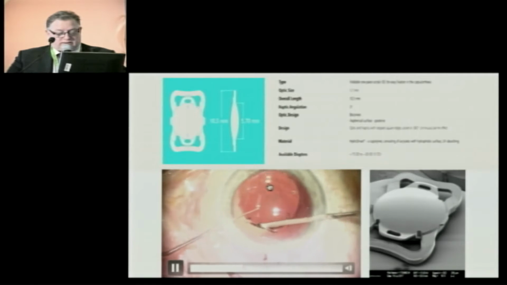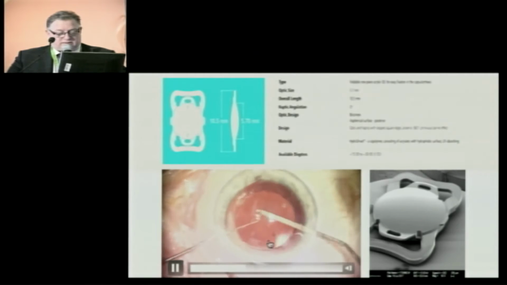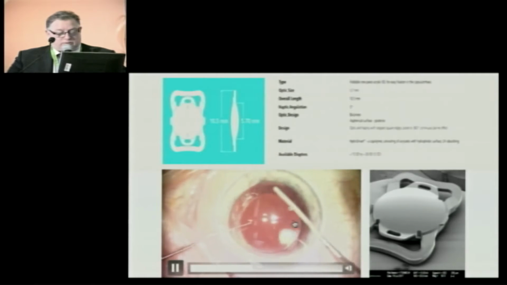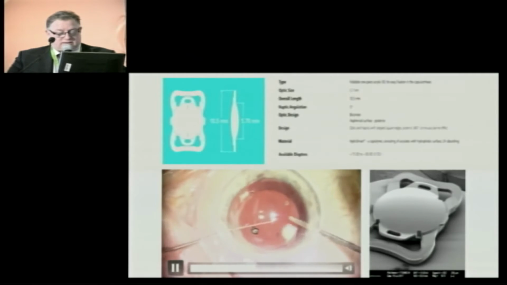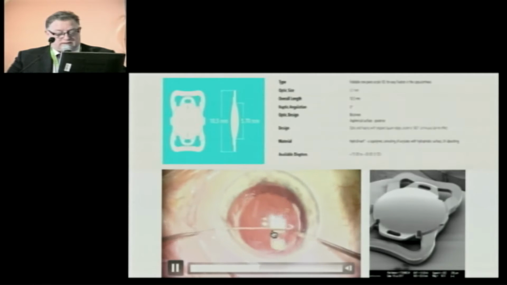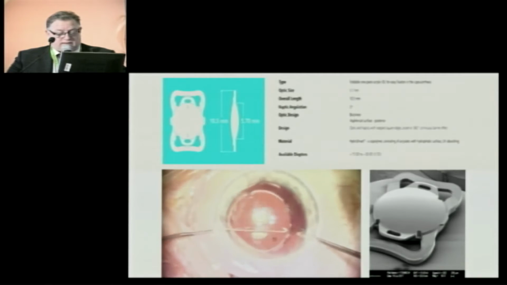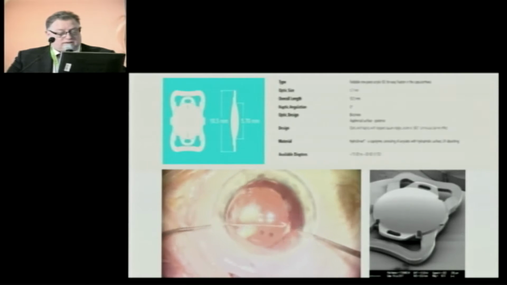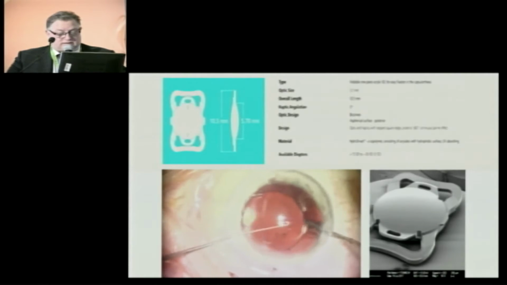One was already adapted. Now the second big haptic is fixated in the capsulotomy, and now we will do here the size, the side, the smaller wings. Like here, we go there, lift it up, so that at the end you have a 360 degrees coverage of the optic inside the Capsulorhexis.